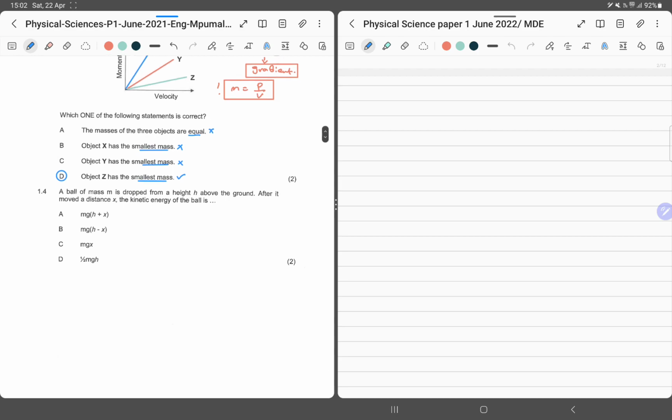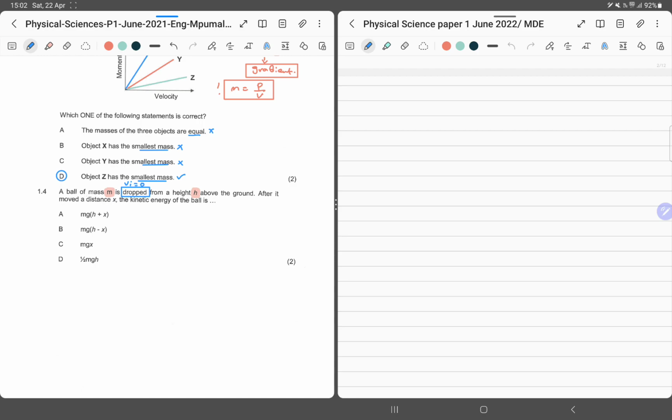Let's look at question 4. A ball of mass m is dropped from a height h, okay? So we've got a mass m from some height h above the ground. It is dropped. So when we drop it, we know that initial velocity is 0.